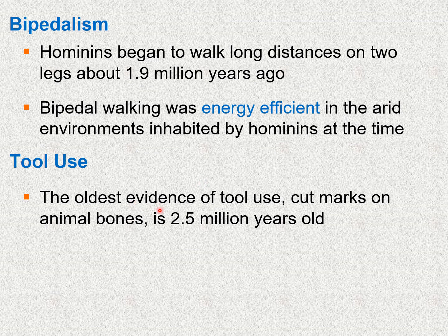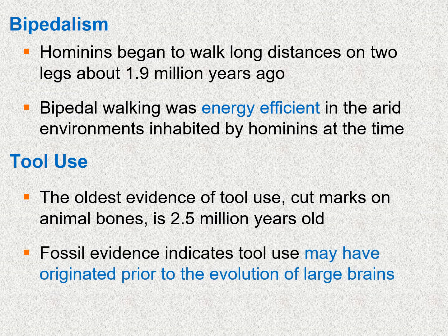Tool use: the oldest evidence of tool use is basically cut marks on animal bones, visible on specimens that are 2.5 million years old. Fossil evidence indicates tool use may have originated prior to the evolution of large brains. And it's thought that the chimpanzees used rocks as tools.